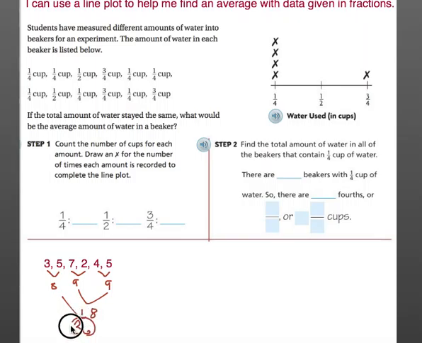So 36 is all of my numbers added together. Now I would need to take 36 and divide it by how many numbers I have. So I have 1, 2, 3, 4, 5, 6. I have 6 original numbers. Well, 36 divided by 6 is 6. So the average for this group of numbers is 6. So that's how you find the average.